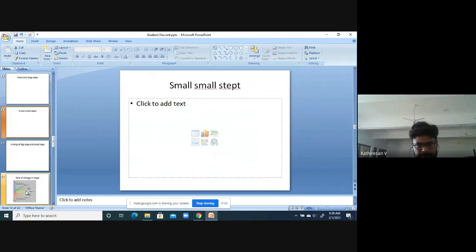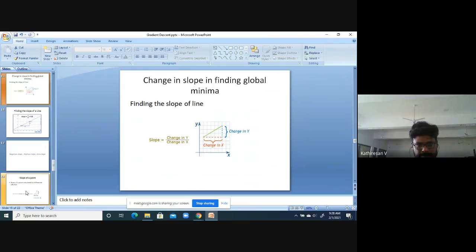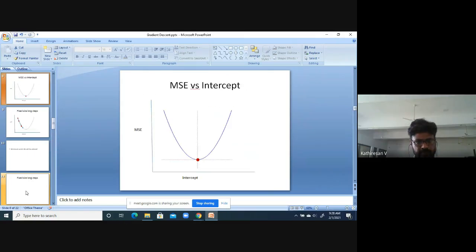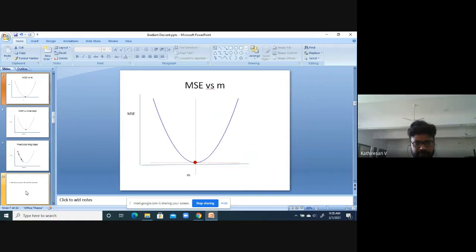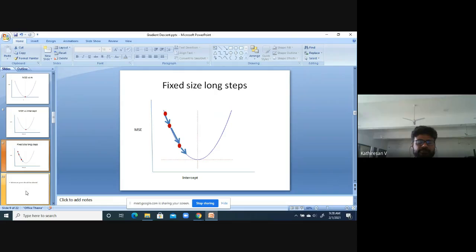After completing this, we will get into the slopes. Now, just look into this. Our intention is to minimize the MSE.